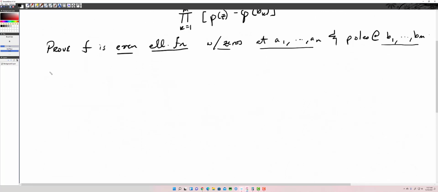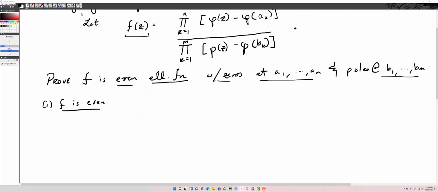The first thing we should probably do is show that f is even. And this is as simple as proving, in other words, show f of minus z is the same as f of z. So what I'm going to do is plug in minus z here.